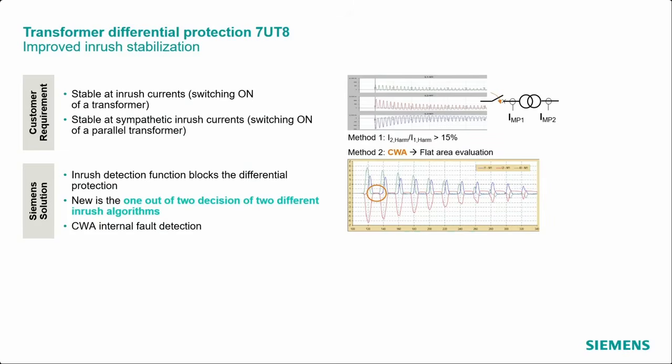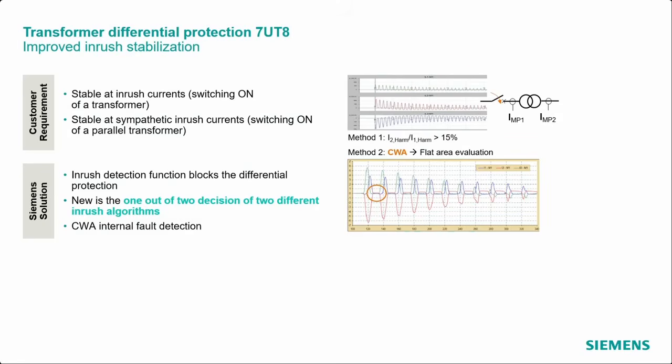And these flat areas, this is a typical waveform during an inrush. So that means now the device has two methods which are working in parallel, and if one of these methods comes to the decision that we have an inrush, then we block the differential protection.